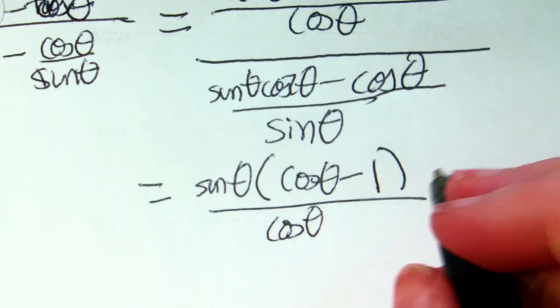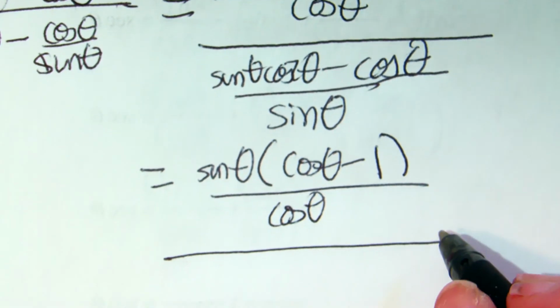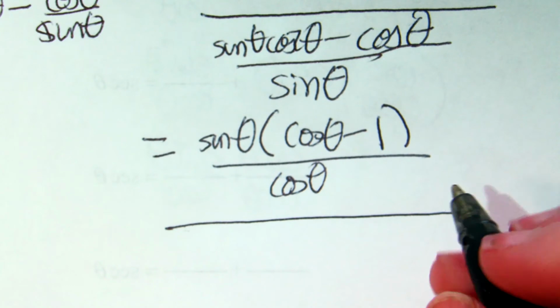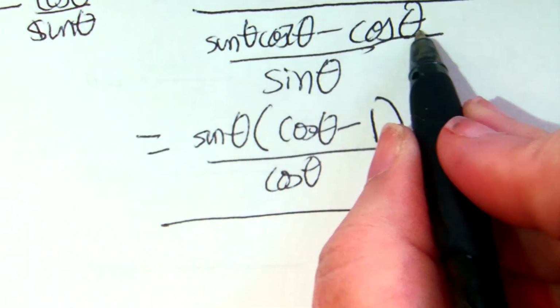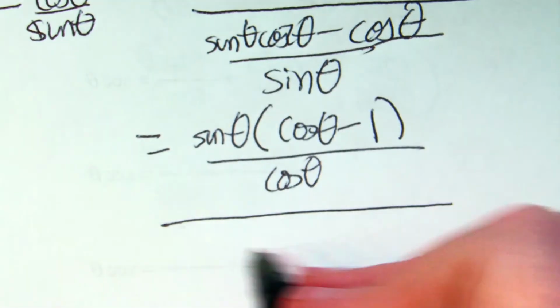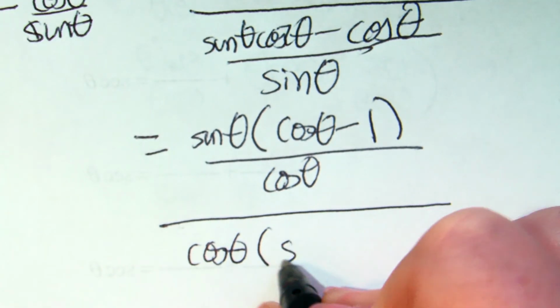And here on the bottom, we have a cosine theta in common. So we're going to take out the cosine theta, and we're going to be left with sine.